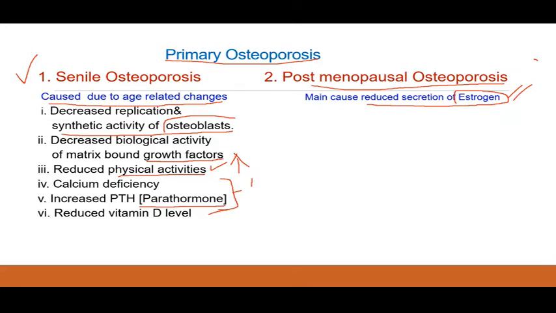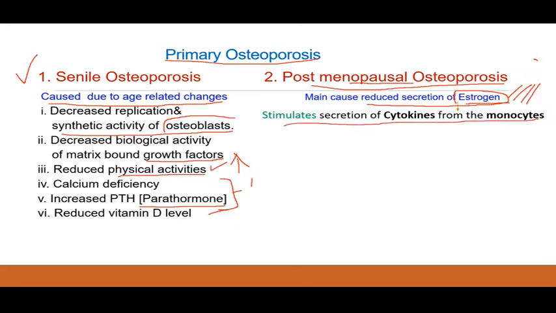So as the name indicates here, it is the postmenopausal osteoporosis. So main cause of this osteoporosis is a reduced secretion of the estrogen, which is secreted by the follicular cell of the ovaries. Actually, estrogen stimulates the secretion of cytokines from the monocytes, which in turn increase the activity of the osteoclasts.